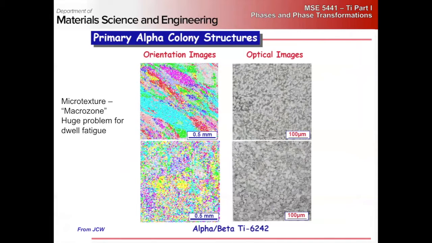So this was all due to improper forging of these ingots. But of course, no one really knew that, right? They gave them a large amount of deformation, but it just was not nearly enough to break up these big microtexture regions.